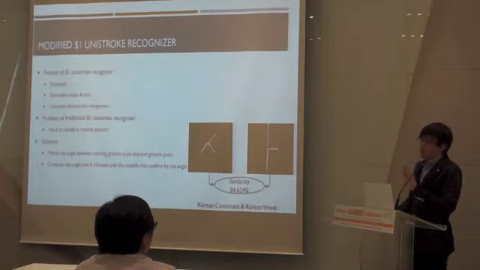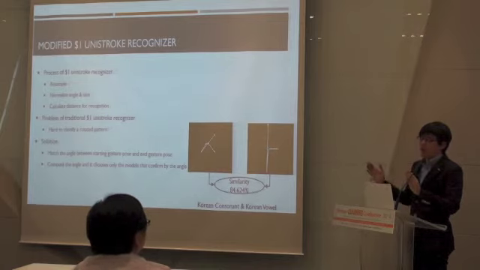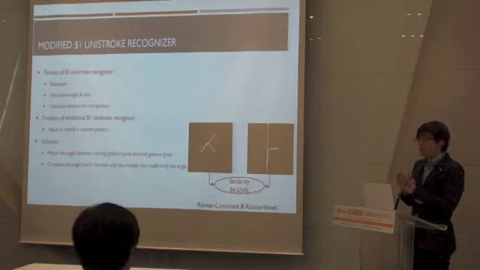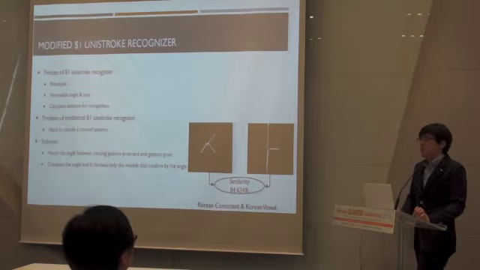The input has a start angle, and the pattern also has a start angle. So matching these start angles, if the difference is lower than 30 degrees, it could be a similar pattern.